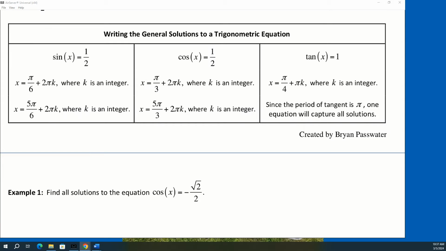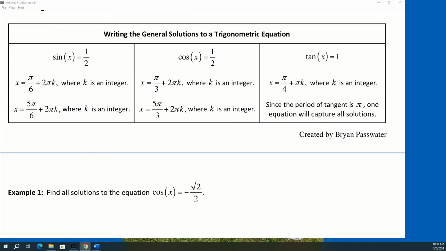So that's how you can represent an infinite number of solutions, because there are an infinite number of angles that have a sine of 1/2. And then same thing for the cosine. You find the angles on the unit circle that have an x coordinate of 1/2, which are these two. And then you're going to have to add multiple periods to them to represent all of them.